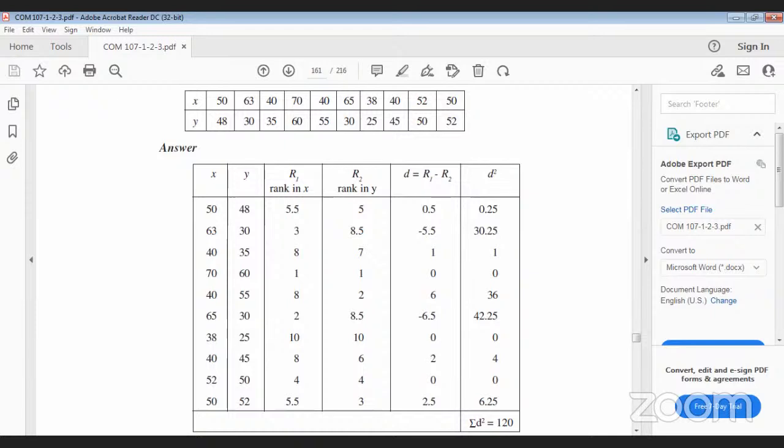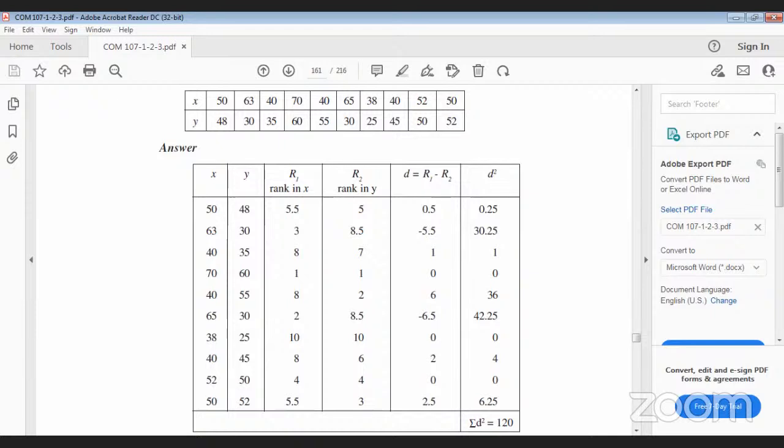Now in the last column we have to make D square, that is the square of the fifth column. 0.5 multiplied by 0.5, the square will be 0.25.